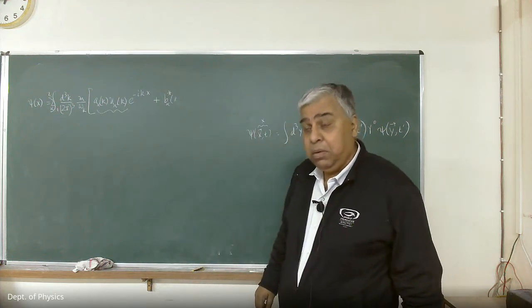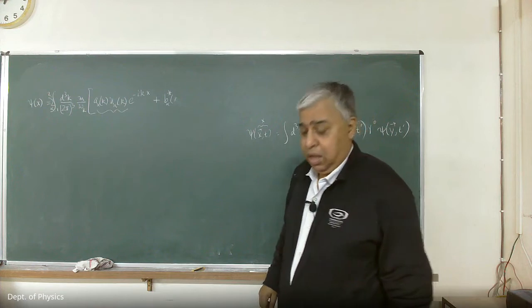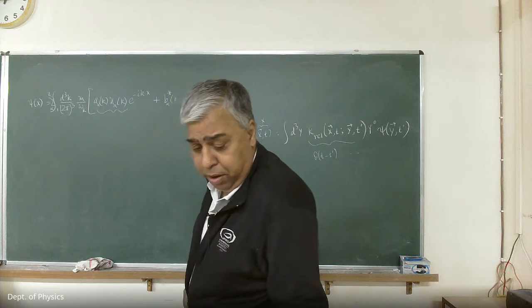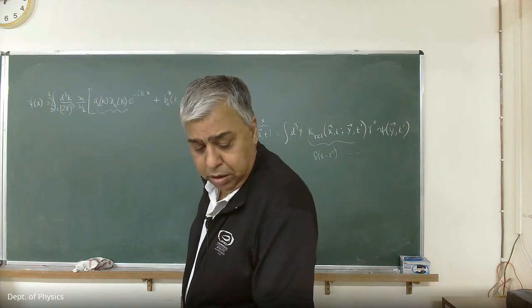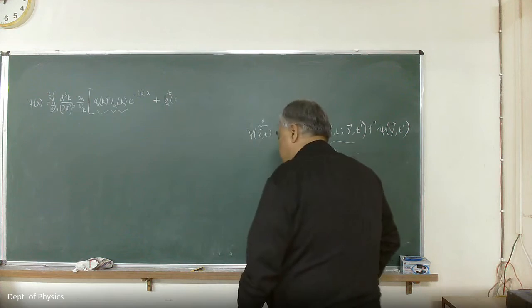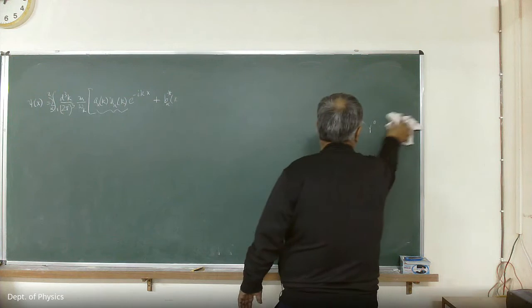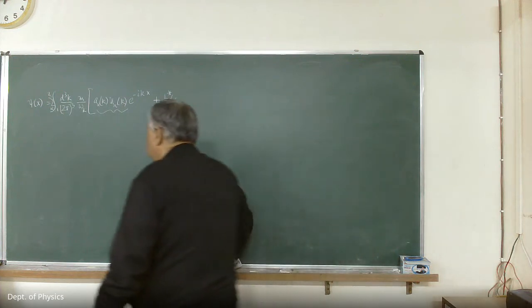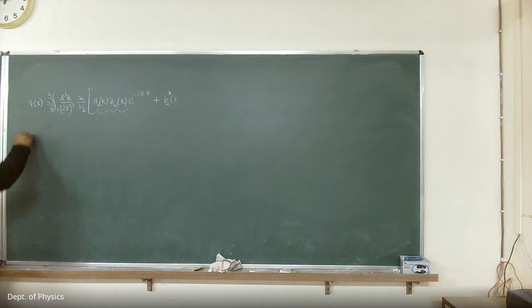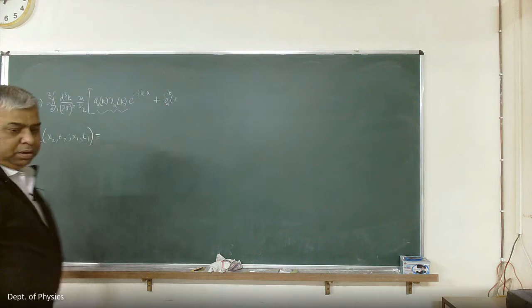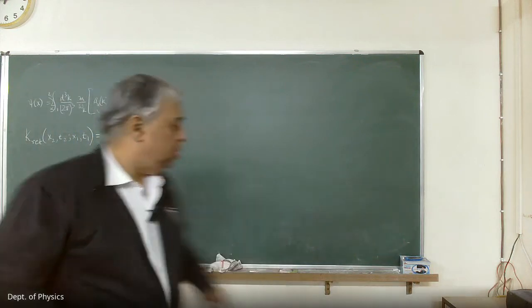So I take advantage of the hole theory now and say that the expression I had obtained for K retarded was this thing. K retarded was theta, minus q1.